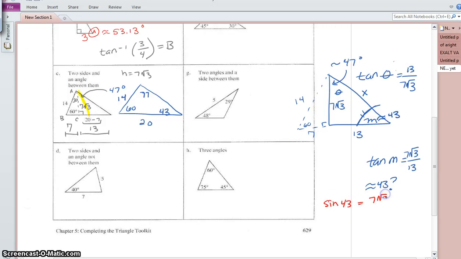Sine of 43 equals 7 radical 3 over x. X sine of 43 equals 7 radical 3. X equals 7 radical 3 divided by sine of 43.